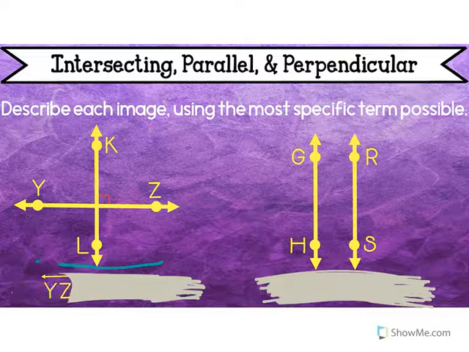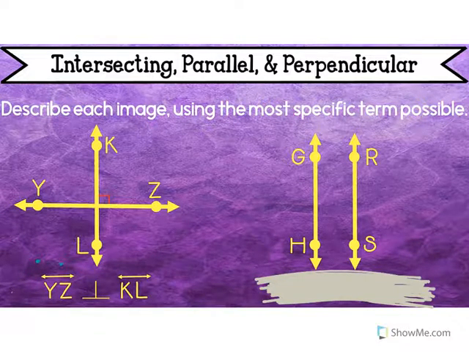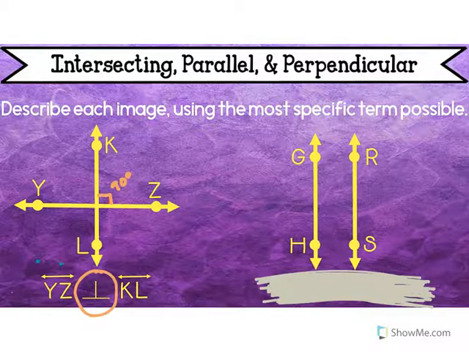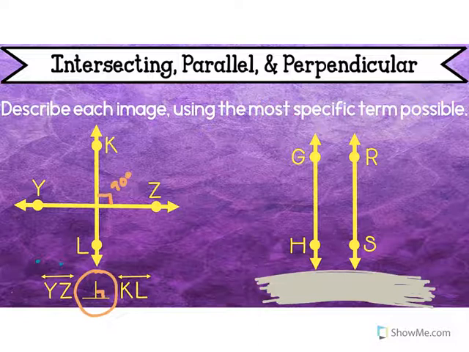You're right. These are perpendicular. They're not parallel because they touched each other. They're not intersecting because they made a 90-degree angle or a right angle. So because of that, it automatically makes it perpendicular. And you can see perpendicular has the perpendicular lines in it. So that's why we use that as the example.